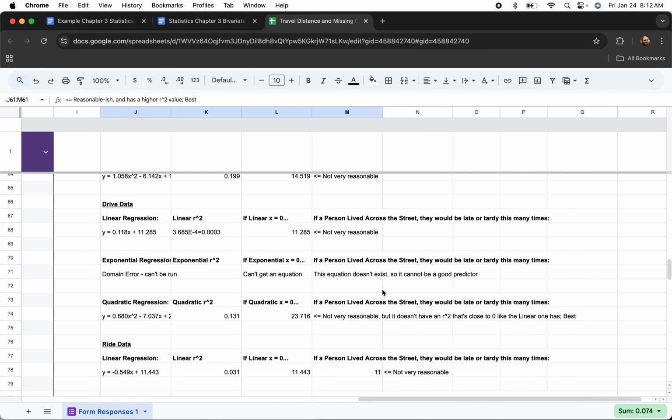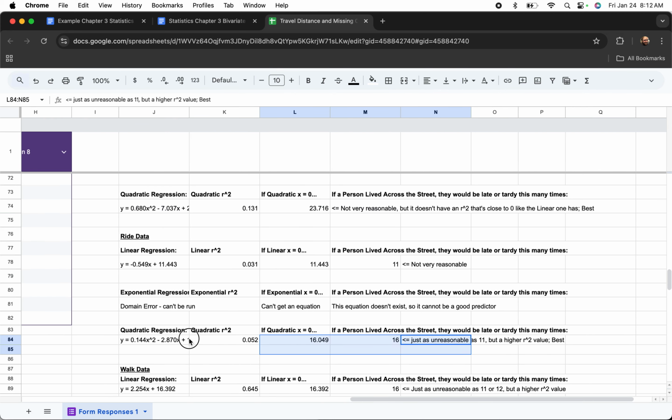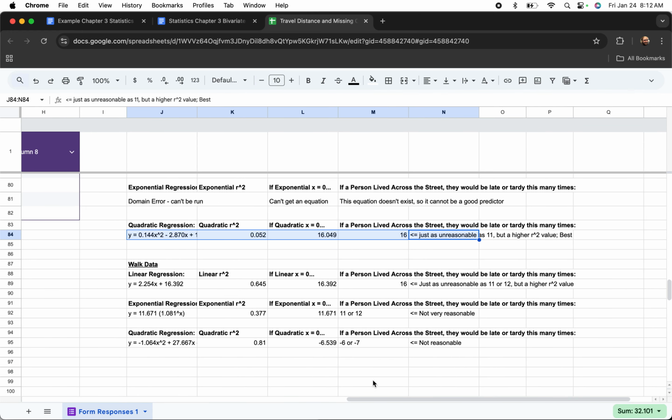Of the people who drive, again, the quadratic ended up being the best that we had available. The people who ride to get to school, also the quadratic was the best we have available. And then finally, the people who walk, the linear regression, again, was the best one that we have.